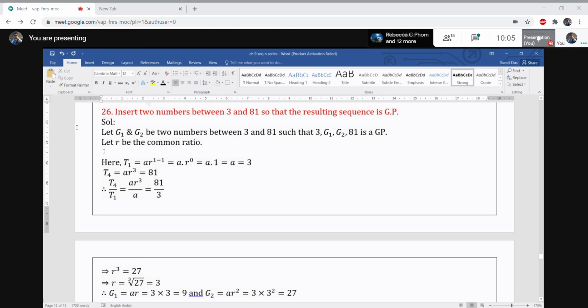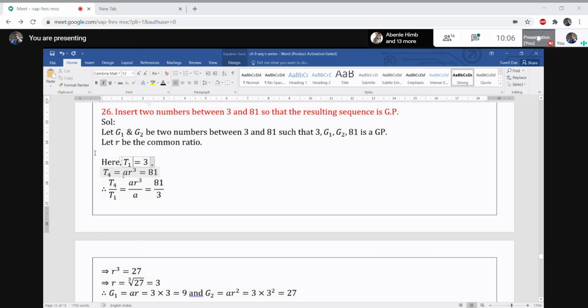Now here T1 is 3, right? T1 means term 1, which is 3, and T4 means 81, the fourth term is 81.